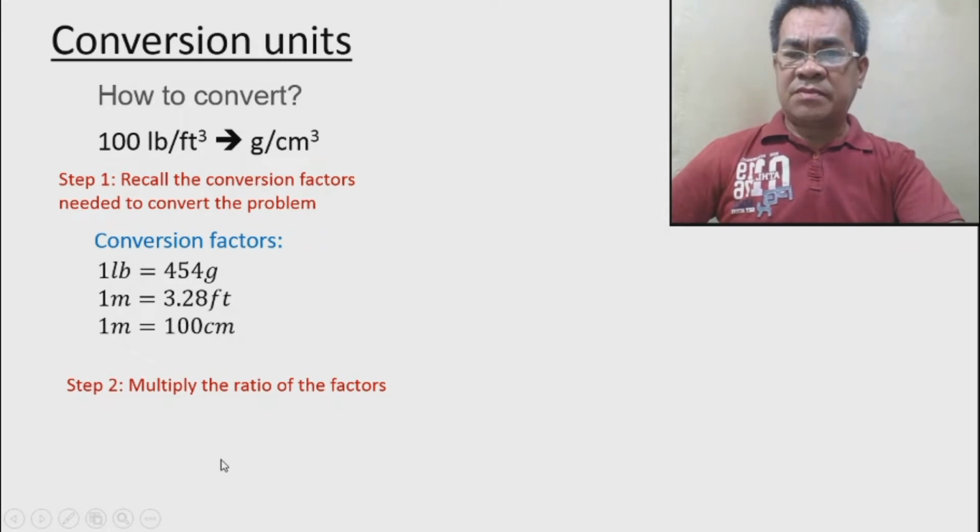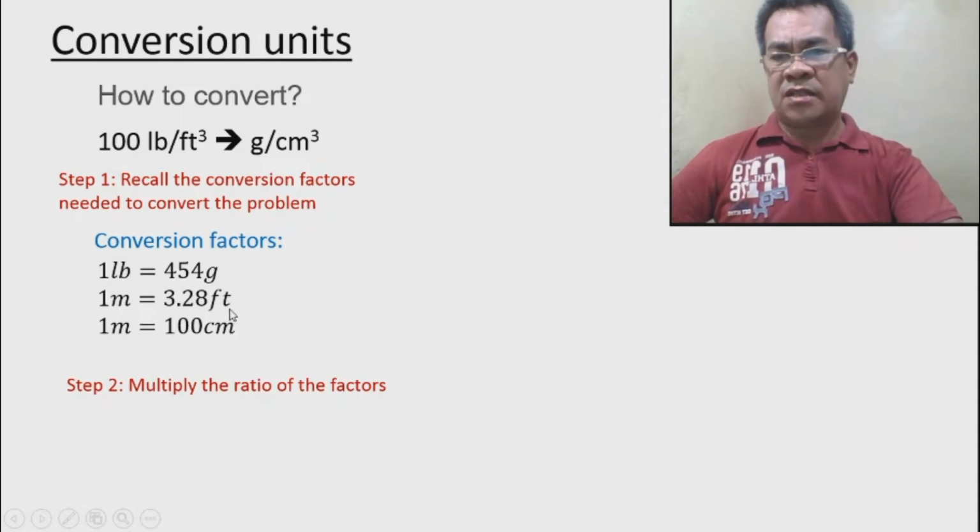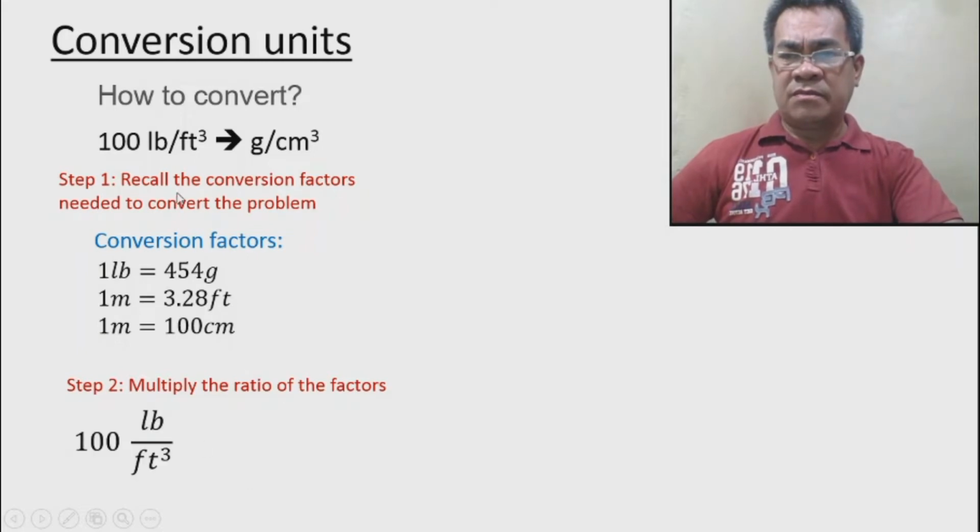Now, the next step is to multiply the ratio of the factor, because the sign of equality says that in physics they are equal, the same meaning. So take the ratio of this, because the ratio of this is 1. For example, for the 100 pounds per cubic foot, we will multiply this by 454 grams over 1 pound.